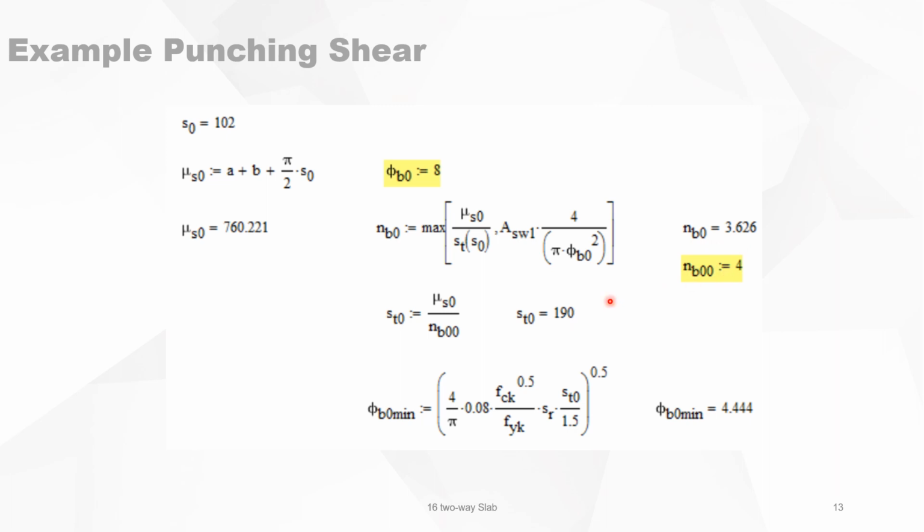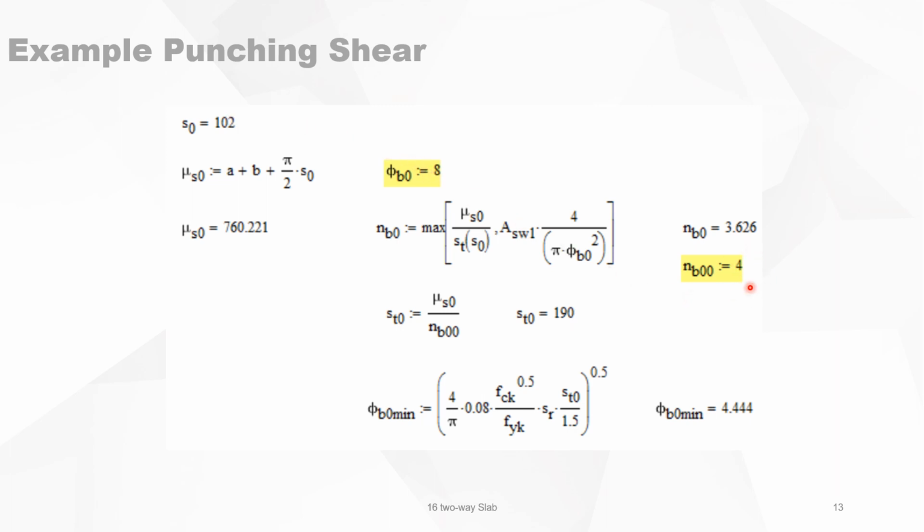And if you have 4 bars, we can calculate now correctly the tangential distance of the first perimeter, which is u0 divided by the number 4. It's 180, so that's okay. So this means the first perimeter of reinforcement is situated at 102 millimeters from the face of the column. It's a diameter 8.